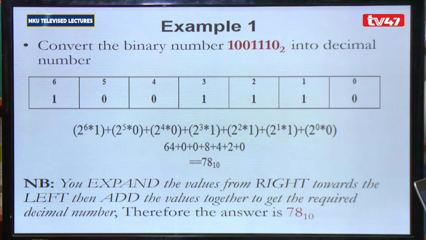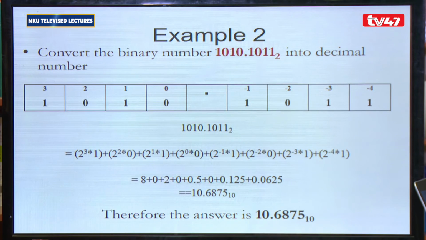And just like we had done earlier, to convert a decimal number into binary, we divided by 2. So if you convert 78 into binary, you end up with that number. We can do one more simple example so that you can understand more. In this case, we are going to do a binary number with a fractional part.